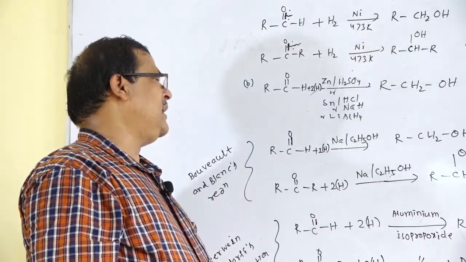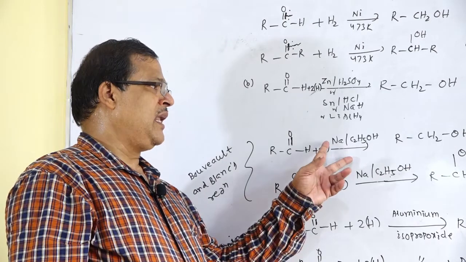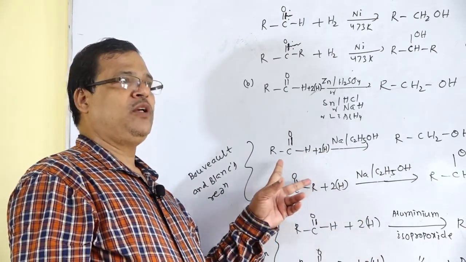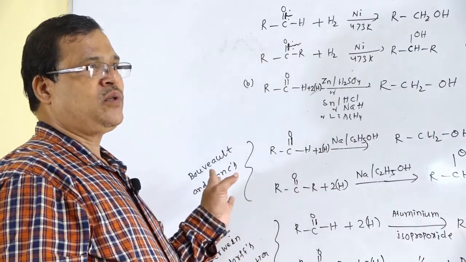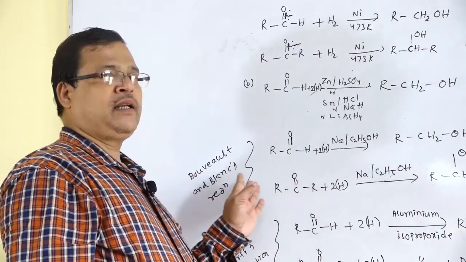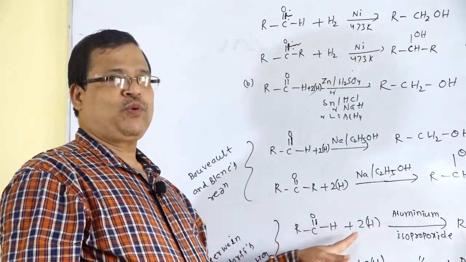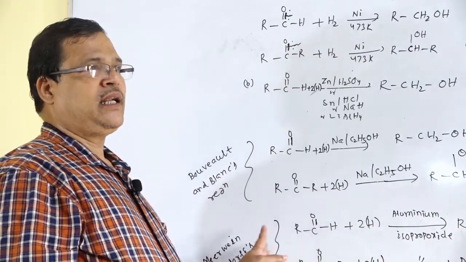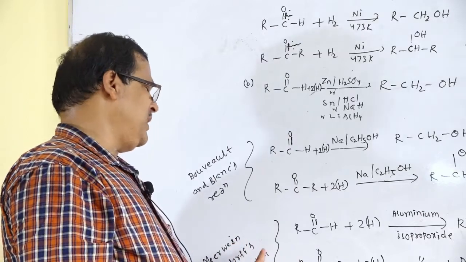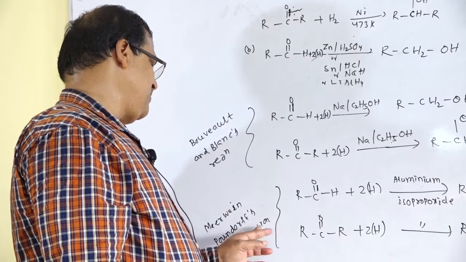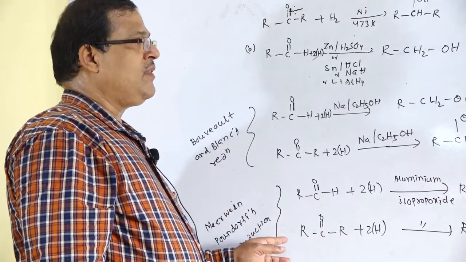Or we can take sodium in ethyl alcohol or aluminum isopropoxide. Whenever we take sodium in ethyl alcohol, the reduction process is known as Bouveault-Blanc reduction, and whenever we take aluminum isopropoxide as the reducing agent, it is known as MPV reduction, Meerwein-Ponndorf reduction.